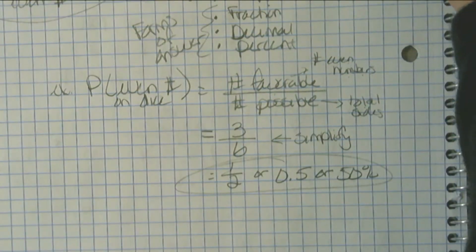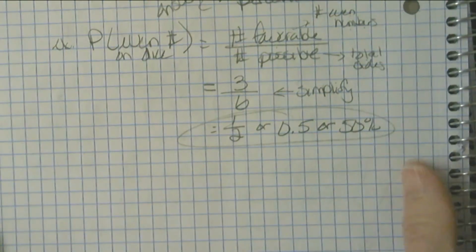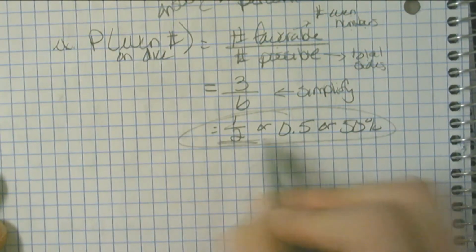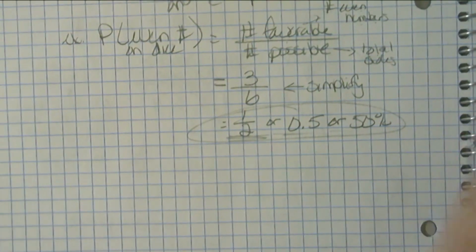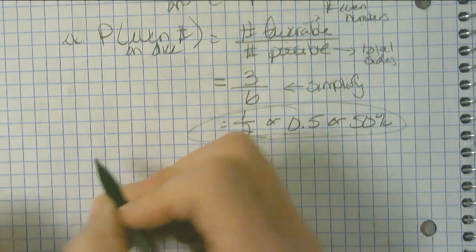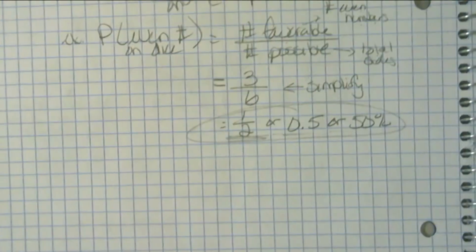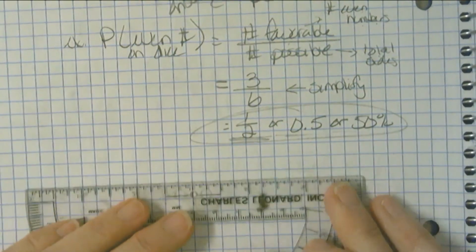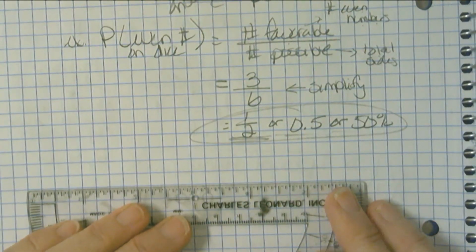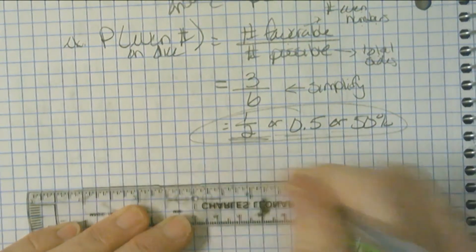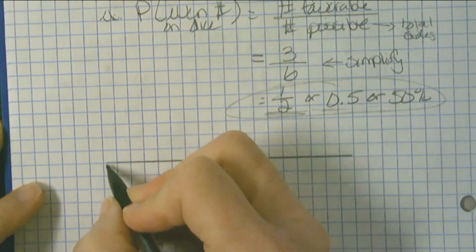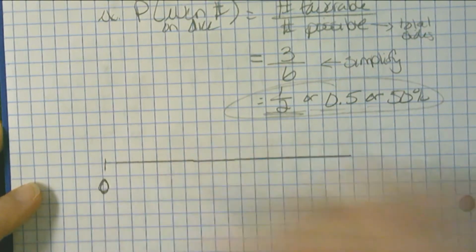So when I look at what half or 50% means, if I have a number line, I know I didn't ask you guys to get a ruler out, but I wanted you to be able to see this. So draw this number line. We have 0 at this end.